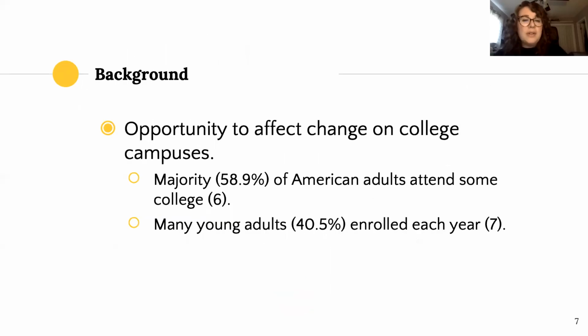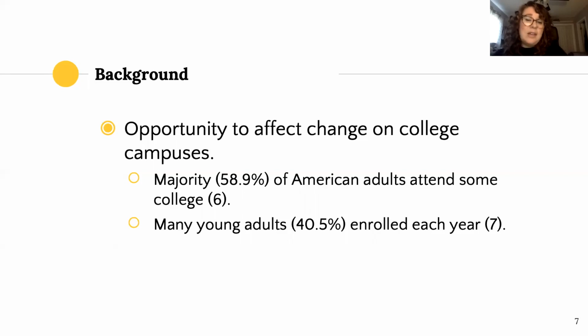And importantly, we actually have a really cool opportunity to affect change on college campuses simply because so many people in this country attend at least some college. It's actually the majority. Just under 60% of American adults attend at least some college.